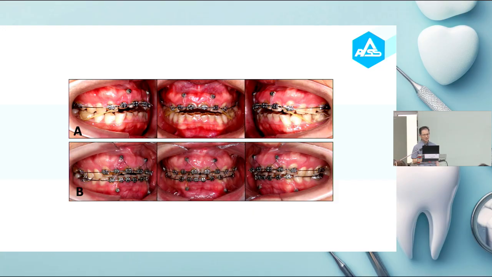A class 2 elastic was used. When we finished the intrusion of the upper arch, I was asked to intrude the lower incisor also. So the lower anterior teeth were also intruded by mini screw.